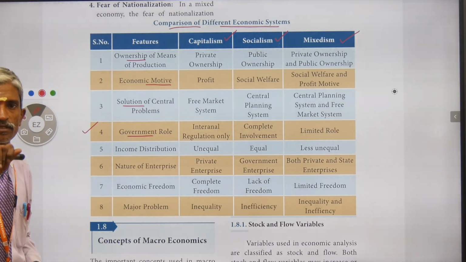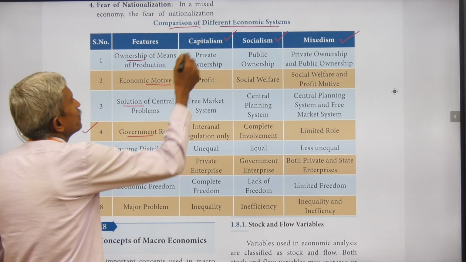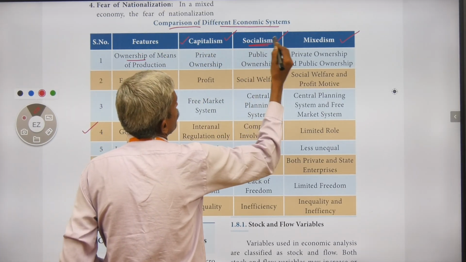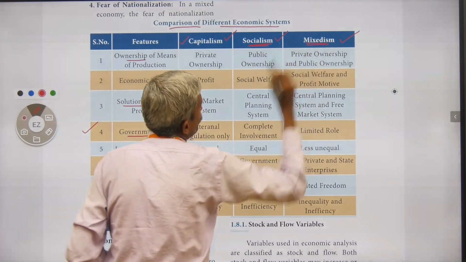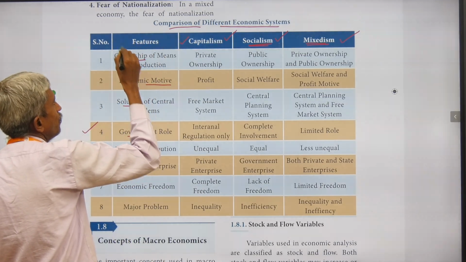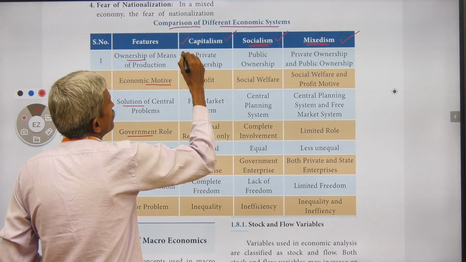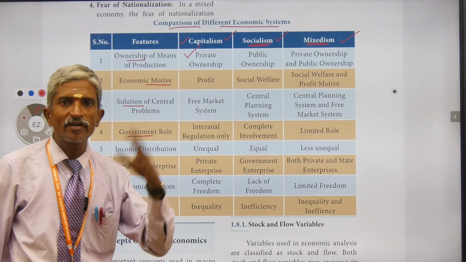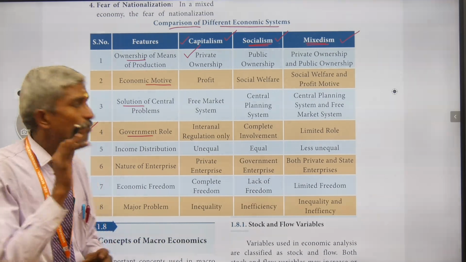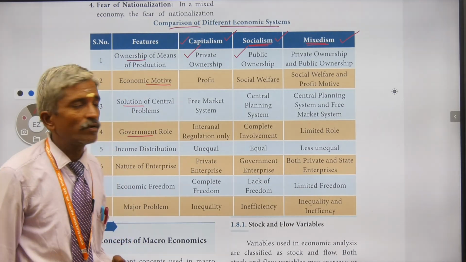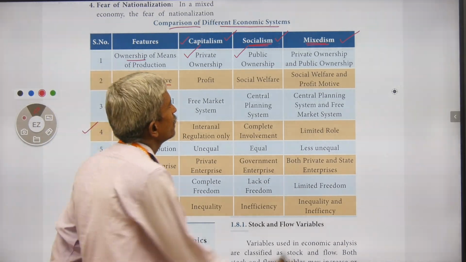Number 1, ownership. What type of ownership under capitalism, what type under socialism, and what type under mixedism? Under capitalism the ownership is private, example USA, where individual income is very high and government plays a minimal role. Then socialism is completely under the government, example China, Russia.